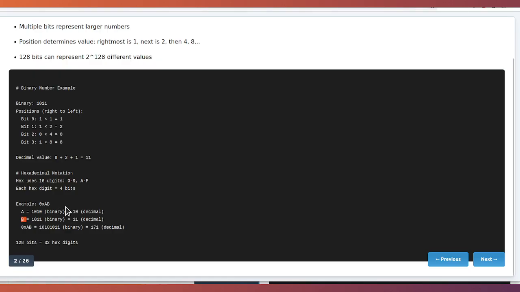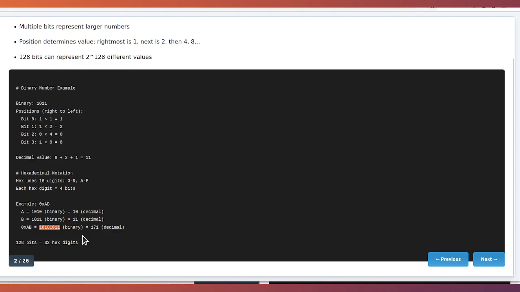Take the hexadecimal value 0xAB. The A represents the value 10, which in binary is 1010. The B represents the value 11, which in binary is 1011. So 0xAB in binary is 1010 1011.